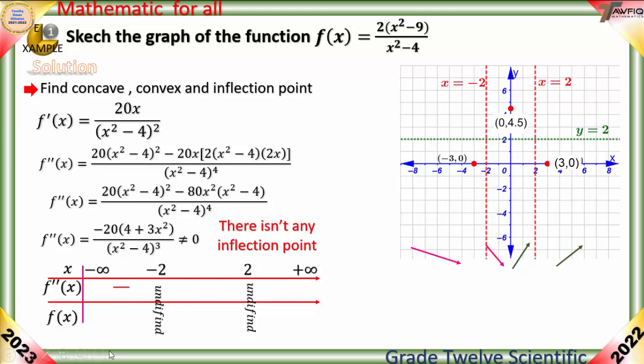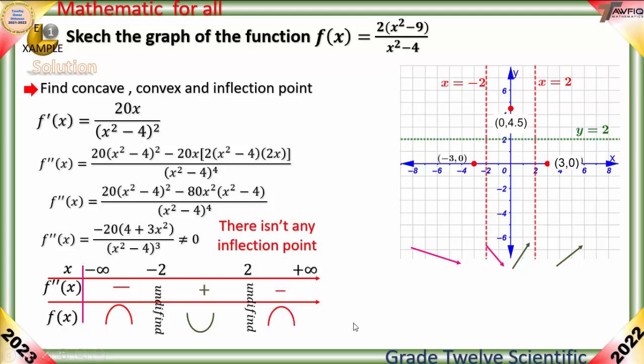That means this interval is convex, from minus infinity to minus 2. And if we put here a 0, as you can see, the value of f double prime of x becomes positive, it becomes a concave interval, and here is convex too.